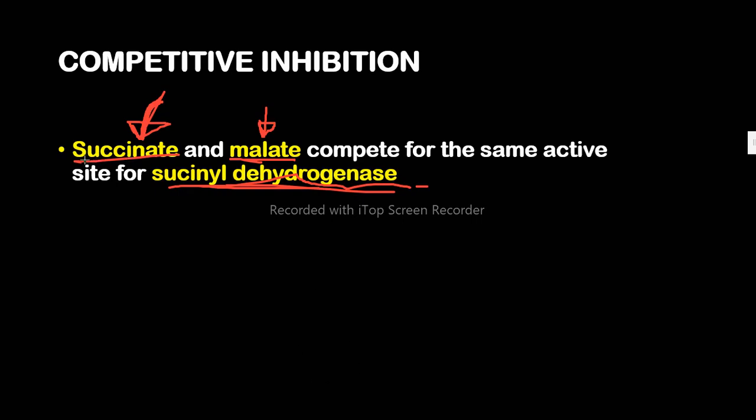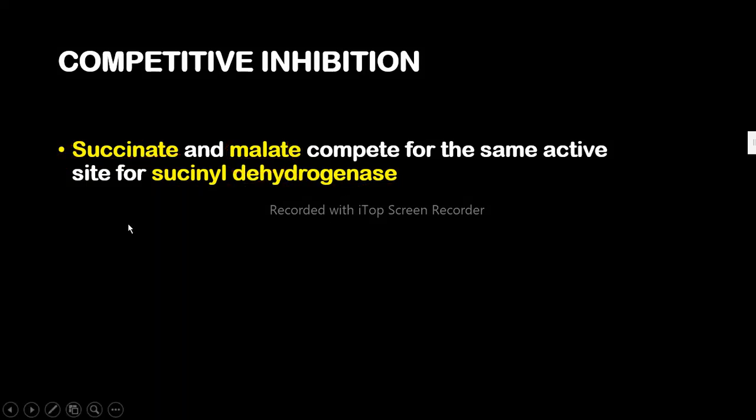The true substrate is succinate, but the inhibitor in this case is malate, because if malate attaches, then it won't be converted to fumarate. If it's not converted, then you won't see the products, hence the rate is reduced. So that is one clear example of competitive inhibition.